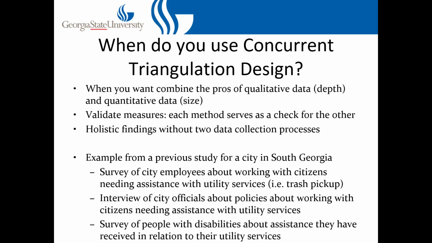So if you say, I think I want to measure this topic qualitatively, but I don't know if it actually measures in the same way as the quantitative, you can measure it both ways with the same people. And if everybody who checks out as having depression with the quantitative measures checks out as being quantified as depressed with qualitative measures, that means that the measures are validated. So you can check for the consistency between measures using concurrent triangulation design.